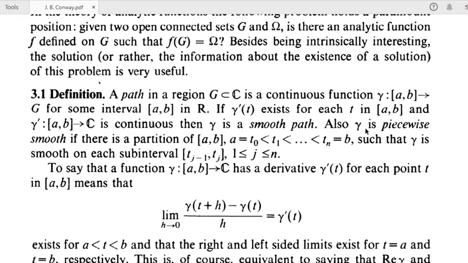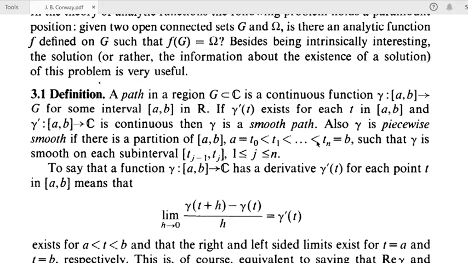The next thing is how we define a piecewise smooth path. For that, we partition the domain into n subintervals. Suppose a is equal to t0, and the next point of subdivision is t1, so the first subinterval is [t0, t1], the next is [t1, t2], and so on.